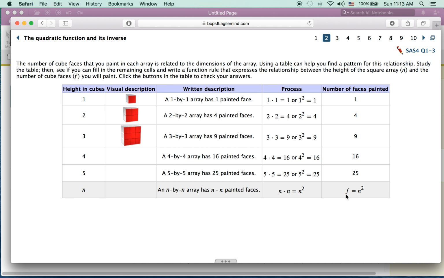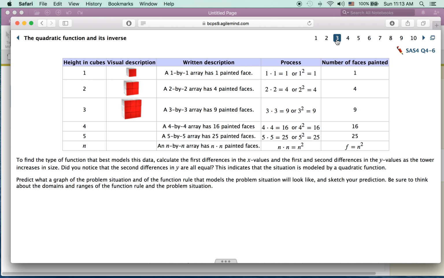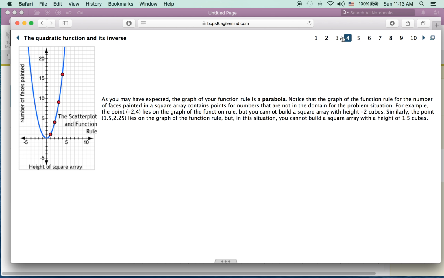So our function is f of n is n squared. If we graph this thing, we have this form. It's called a parabola. There are some parabolas on the back wall. They increase quickly, but not quite as quickly as exponential functions.